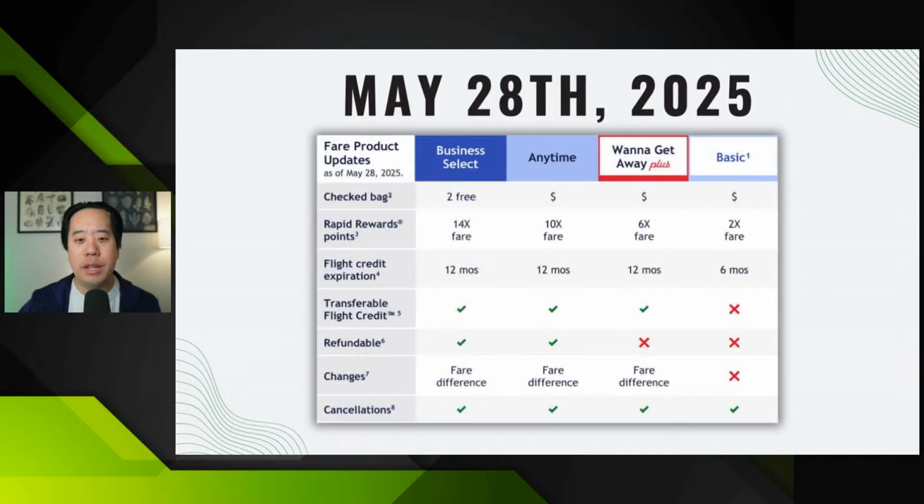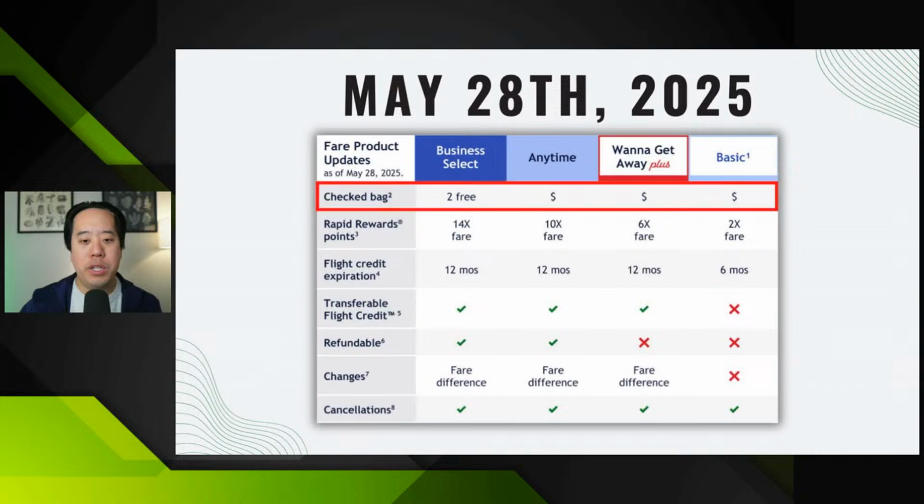And so they released the chart. This is an abridged version, which is fine because I think this is the only part of the chart that's really important. The top part is the main issue here, which is what I mentioned before. We also want to note that the Wanna Get Away fare on the top right is gone. It's now just a basic fare, and that is another change that I think is unfortunate.